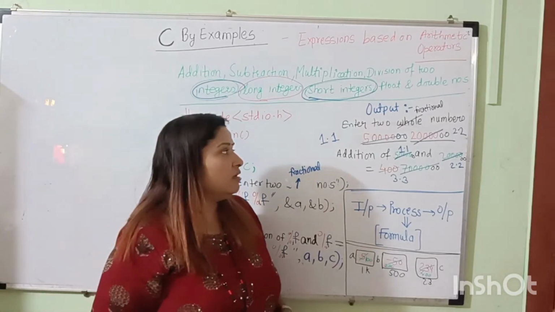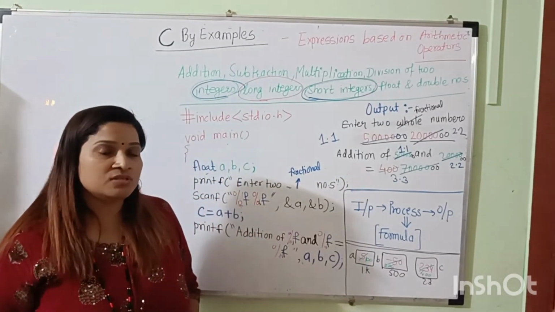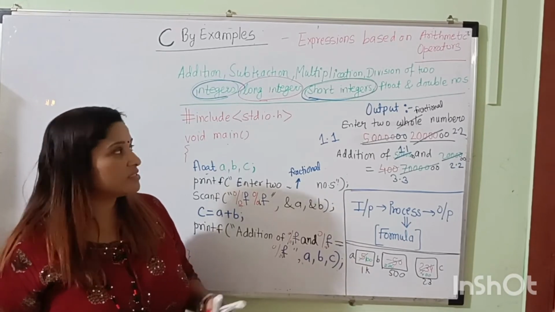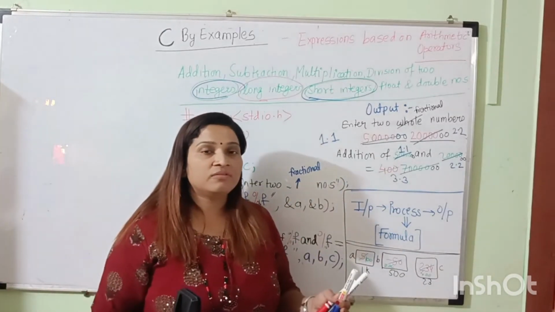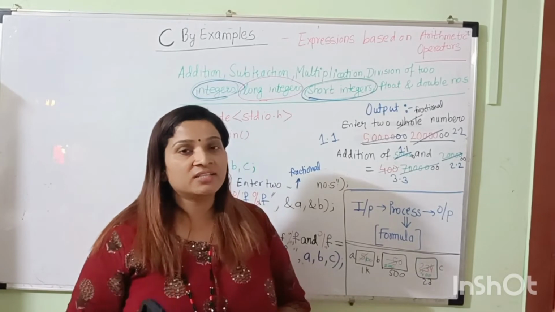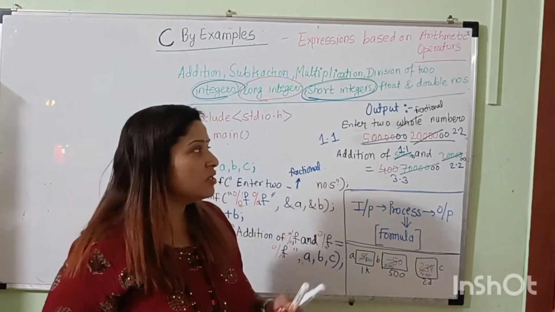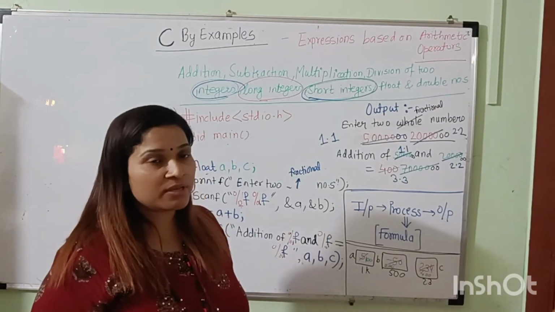Right? Now the last part, students, is for long float, or we can say double numbers. Long float means the double, or twice the float range, is called double values. So in that case, we can make some changes.